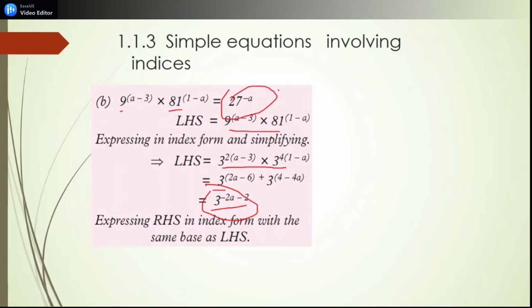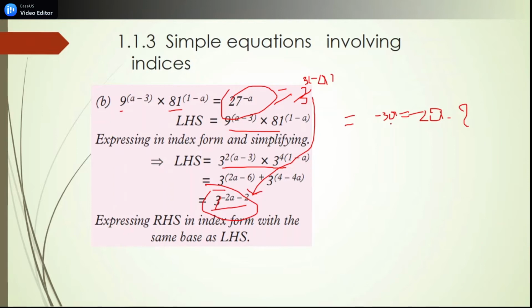This one can also be written as 3 power 3, which is equal to 27 power negative a, which gives the same as this one. When we make equality, we can simplify 3 and this 3, and remain with negative 3a is equal to negative 2a, then negative 2.